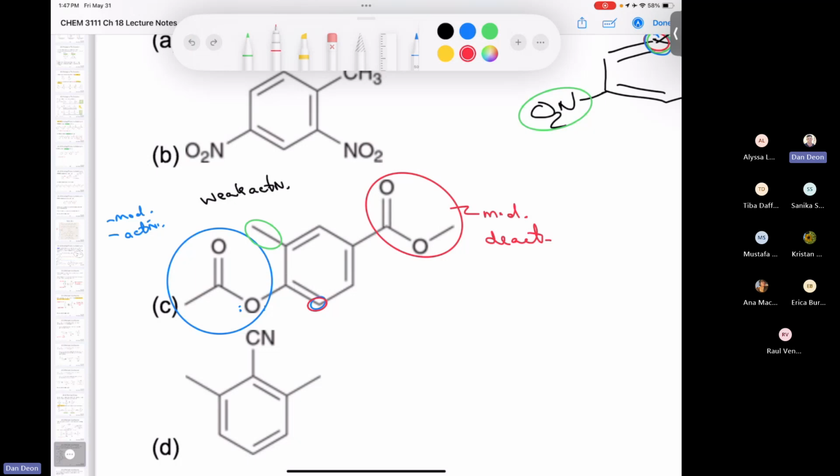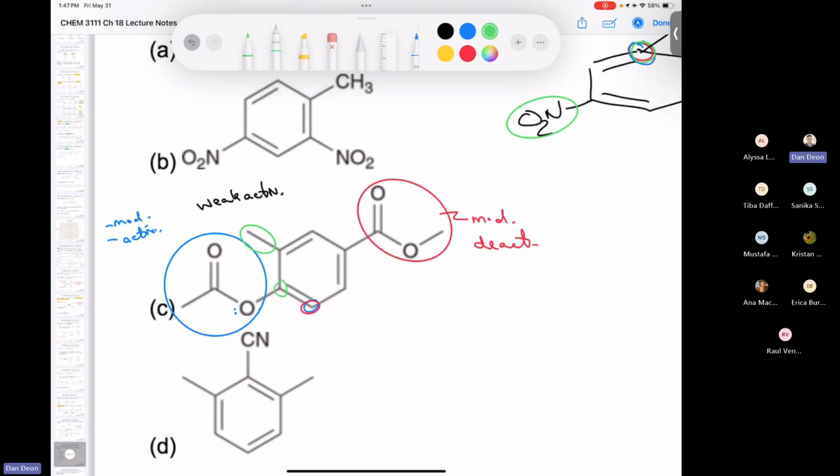I'll use a green pen. It's going to direct here, which is blocked, here, which is open, and here, which is open. But remember, the blue is a moderate activator, so it's stronger than the weak activator. And so the blue one is going to win. And so the activation is going to be at this carbon here when we make that judgment call. Everybody with me on that one?